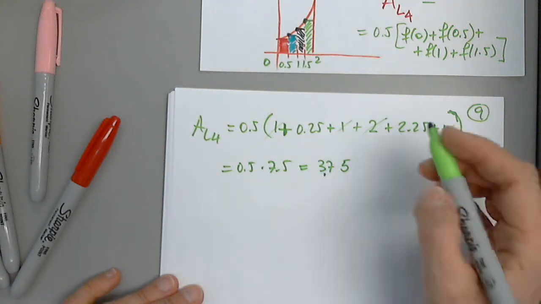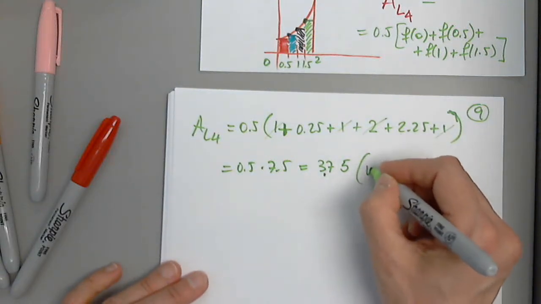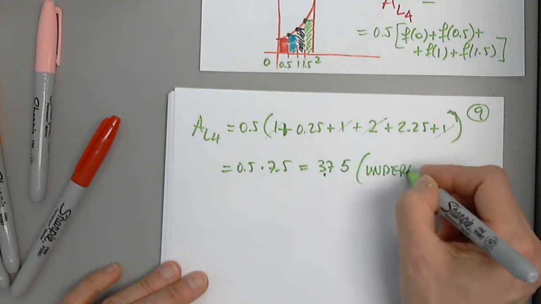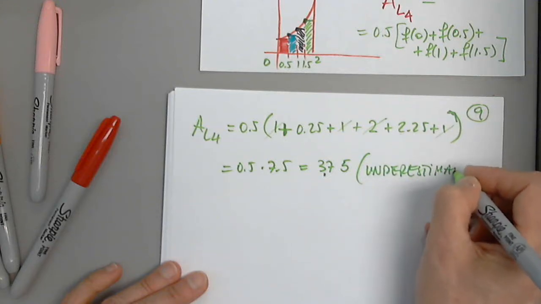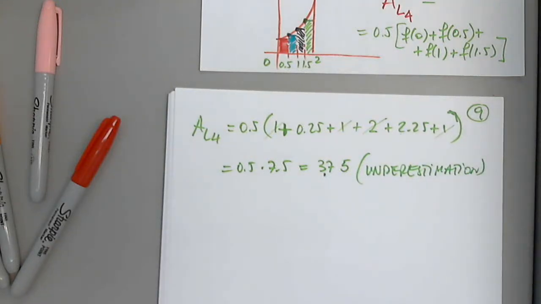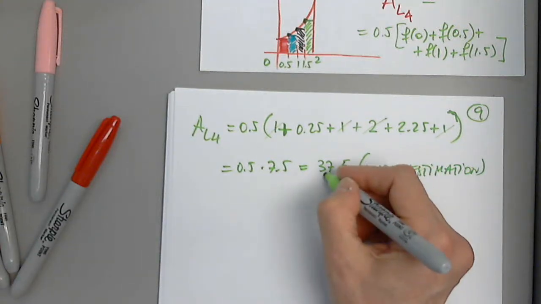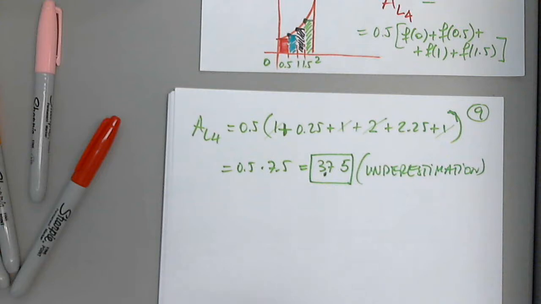Yes? Yeah. Okay, perfect. And this is obviously an underestimation. Would you agree? So the area is 3.75. Moving on to the second possibility.